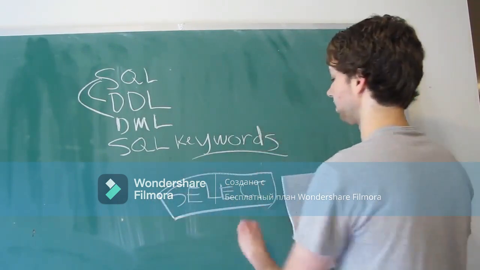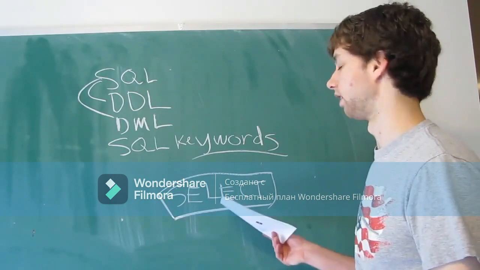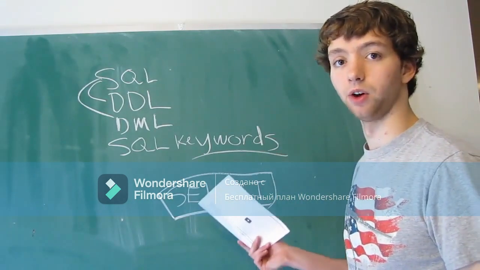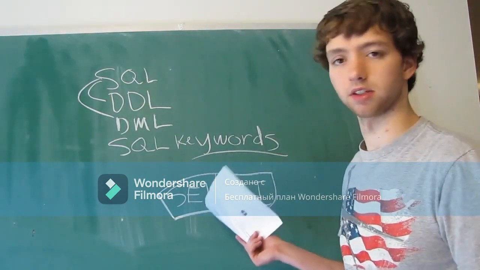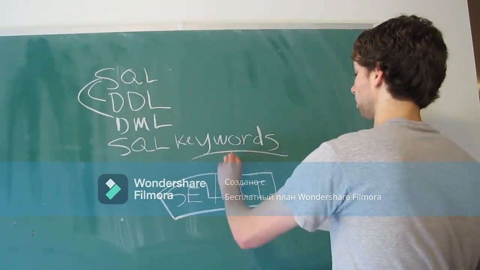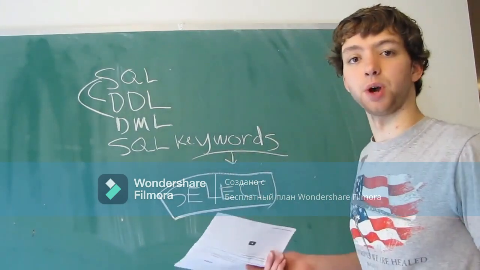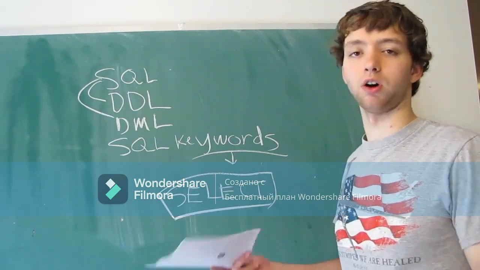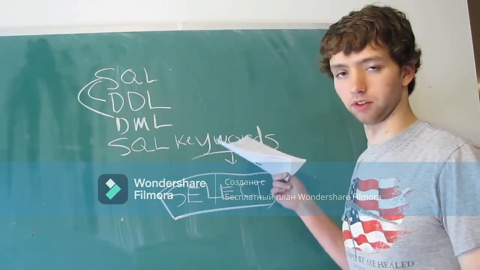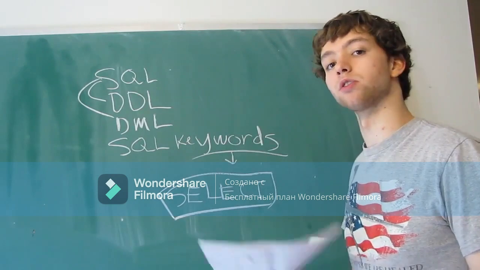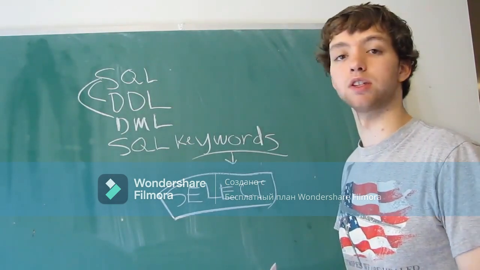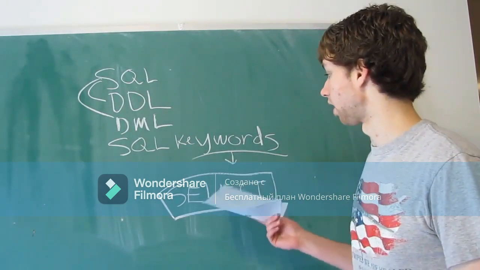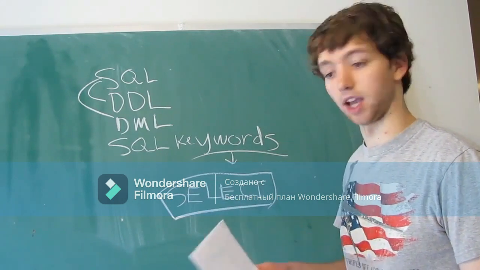This is a word that your database is going to recognize as, okay, we want you to select data. It's a keyword because it's already defined. So I don't want to name my tables or my columns any keywords because it can cause errors or confusion or just make things complicated. I always put SQL keywords in capital letters.